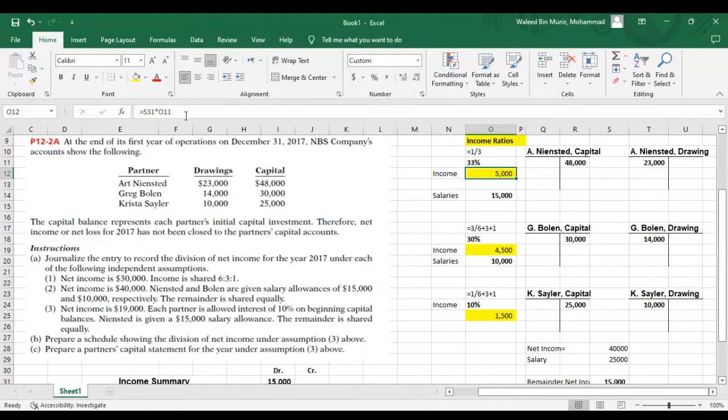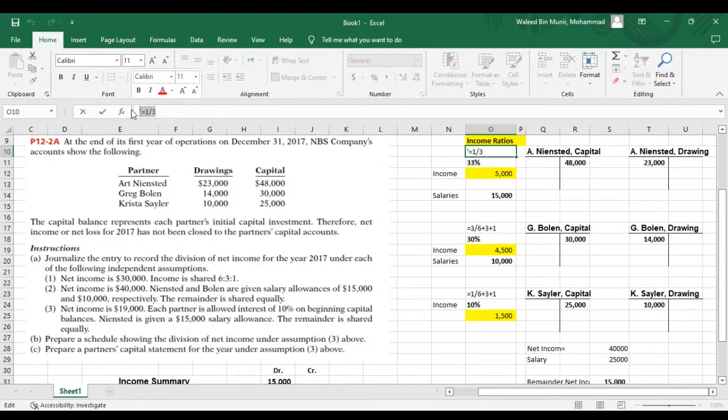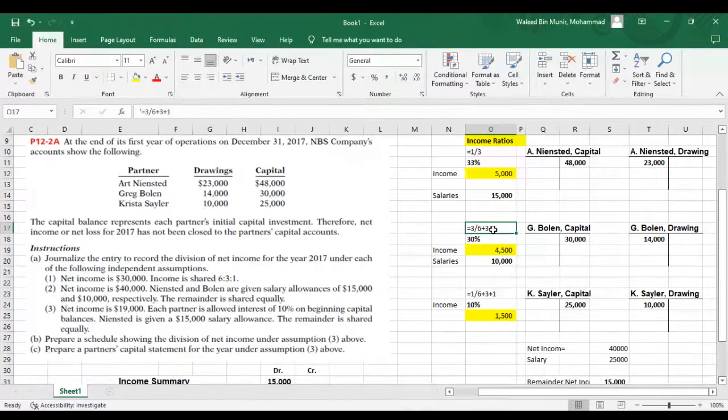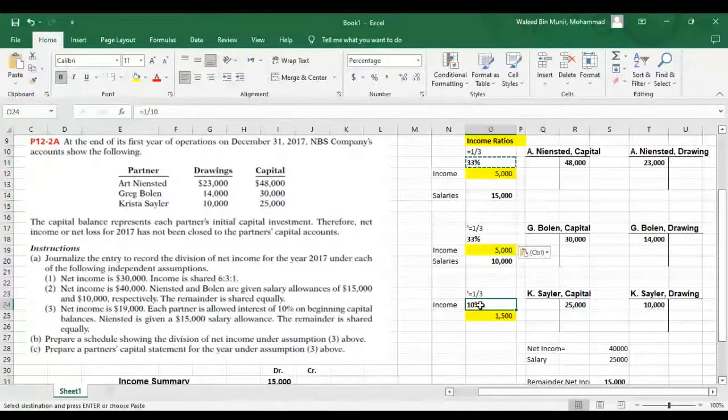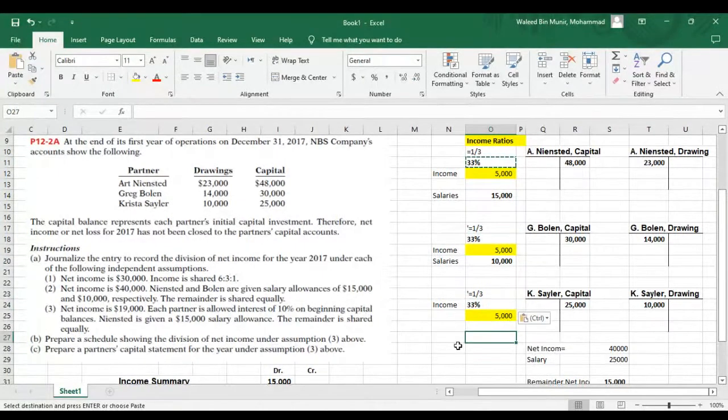Whatever is left, this is the ratio, 1 by 3, and each one will get it, approximately becoming 100%.